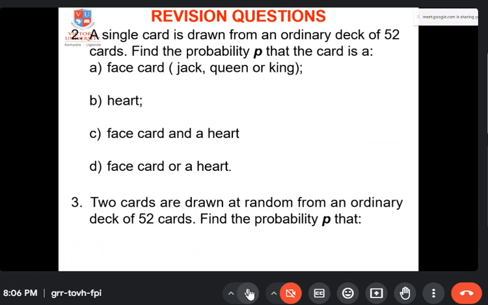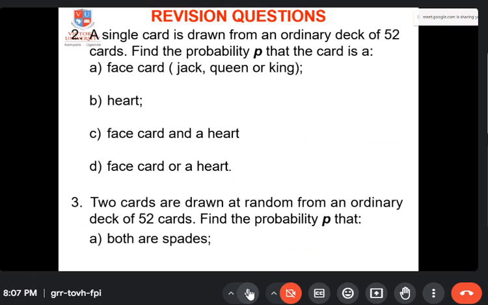So 2 cards are drawn from an ordinary deck. Find the probability that both are spades. Two cards are drawn from an ordinary deck of 52.